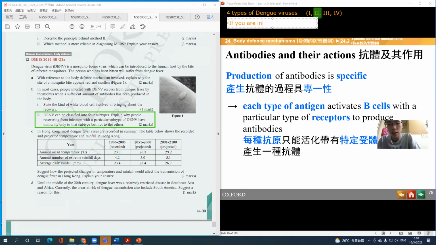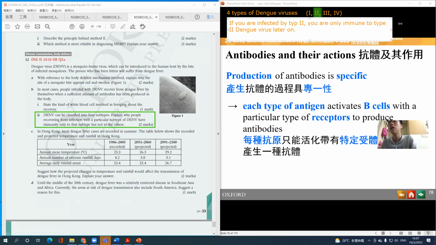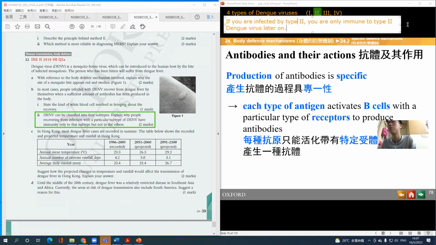You are infected by type 2, so you are immune to type 2 dengue virus only. Okay? If you're infected by type 2 dengue virus, you're only immune to type 2 dengue virus later on.